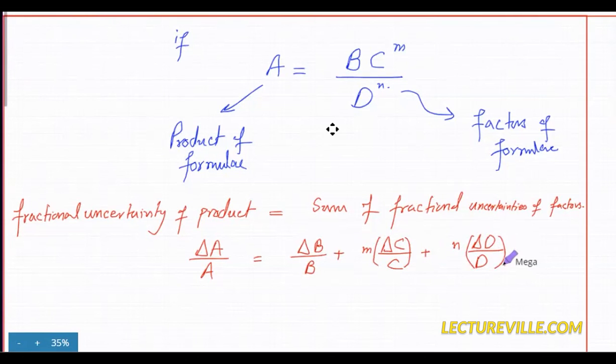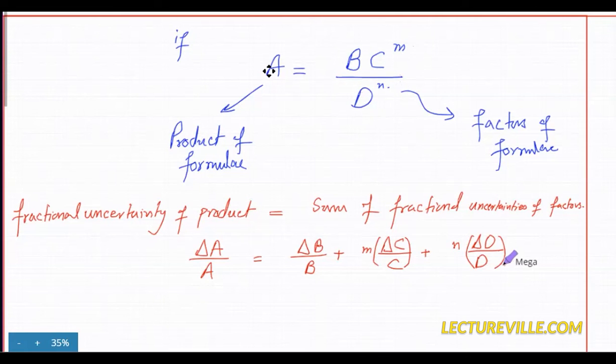Okay, so if any of these things is missing, we can find it using this formula. Normally we already know the value of A, we know B and its uncertainty, C and its uncertainty, D and its uncertainty. This is the normal format of the question as it appears in the exam.